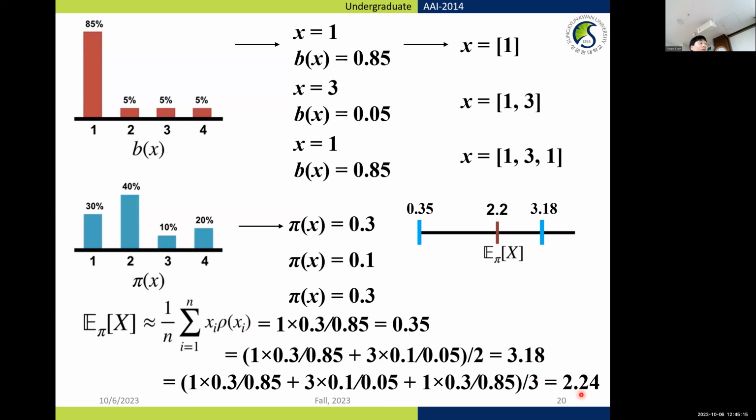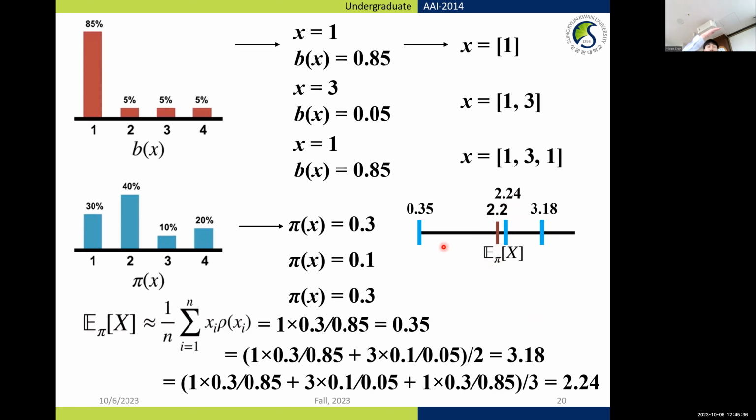This time we calculate the expectation, and it is 2.24. So after 3 samples, we are already close to the true value of E[X] on the policy pi, right? We got 2.24, which is located here.